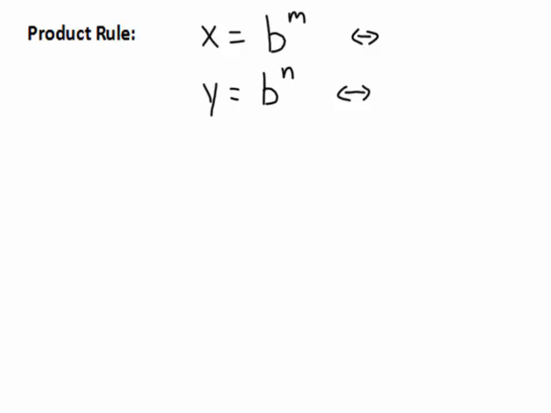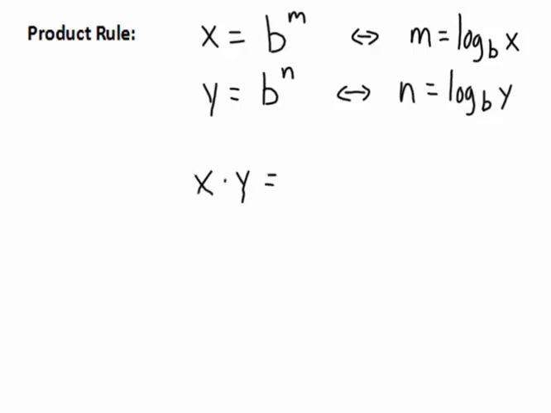So if we switch this, we would have an equation m equals log base b of x and n equals log base b of y. And we're going to use these interchangeably to figure out the product rule for logarithms. What happens if we multiply x times y?